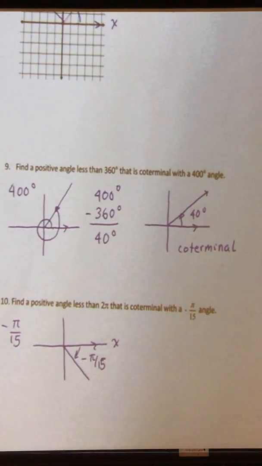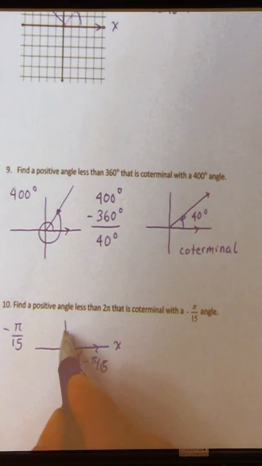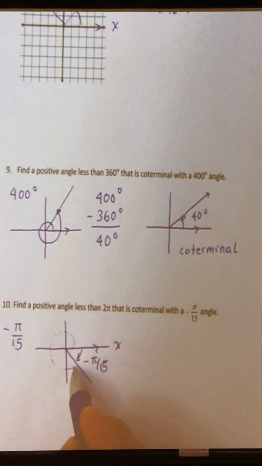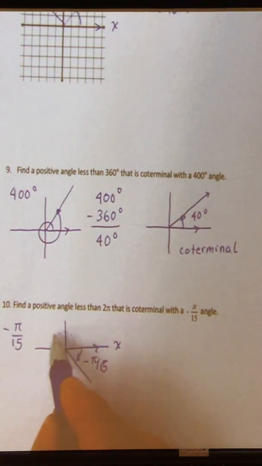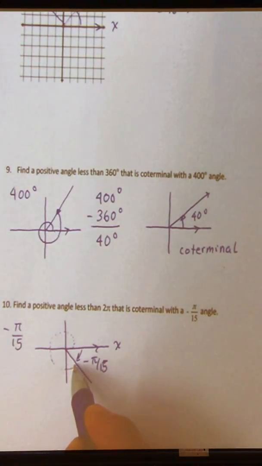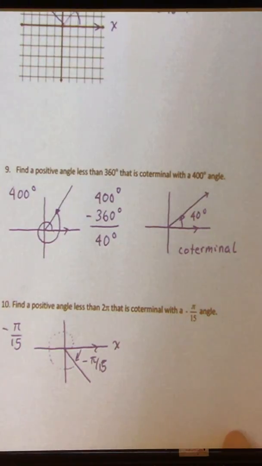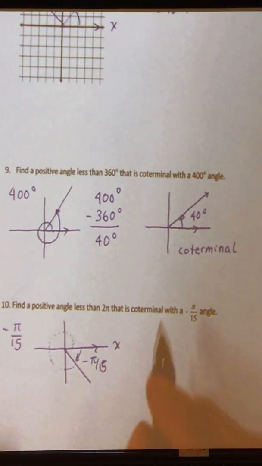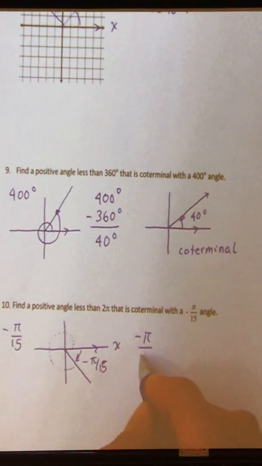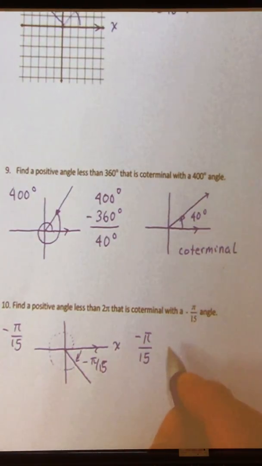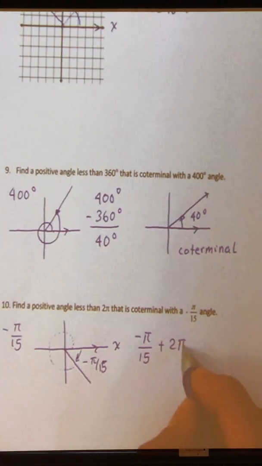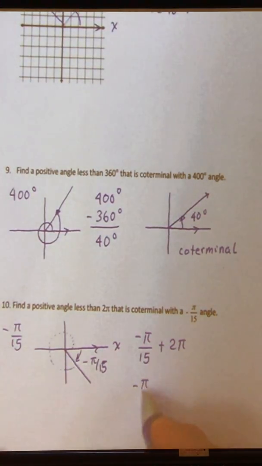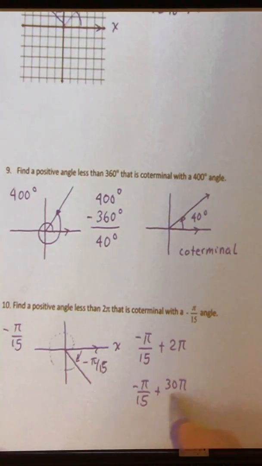Our positive coterminal angle will be moving in the positive direction and ending in the same spot. So moving around the circle in the counterclockwise direction and ending at the same spot will be the coterminal angle. One way that we do this is take our given angle, negative pi over 15, and add to that a full rotation of 2 pi, finding a common denominator first. So this will be 30 pi divided by 15, giving 29 pi over 15.